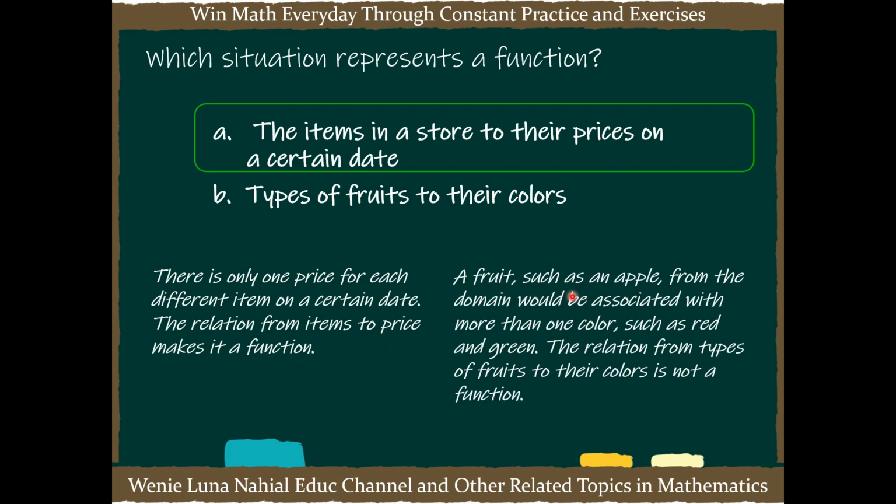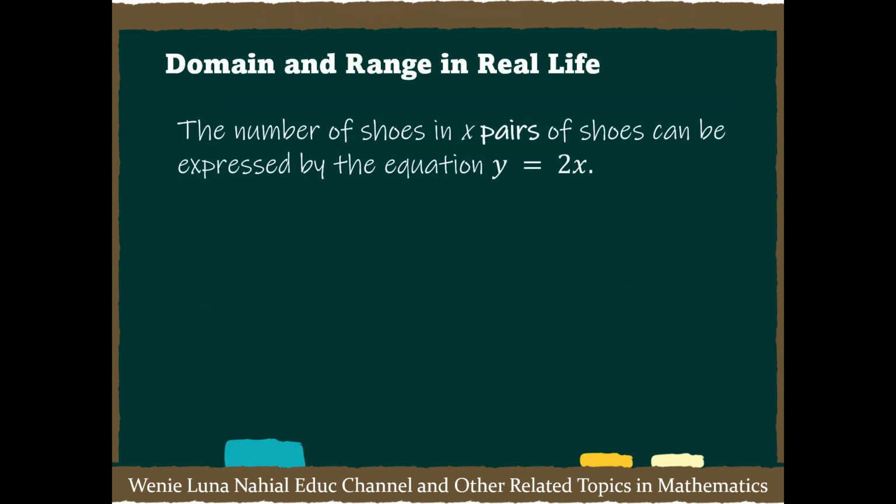While in the second choice, a fruit such as an apple from the domain would be associated with more than one color, such as red and green. Then the relation from types of fruits to their colors is not a function, because again, an apple can be red or it can be green.